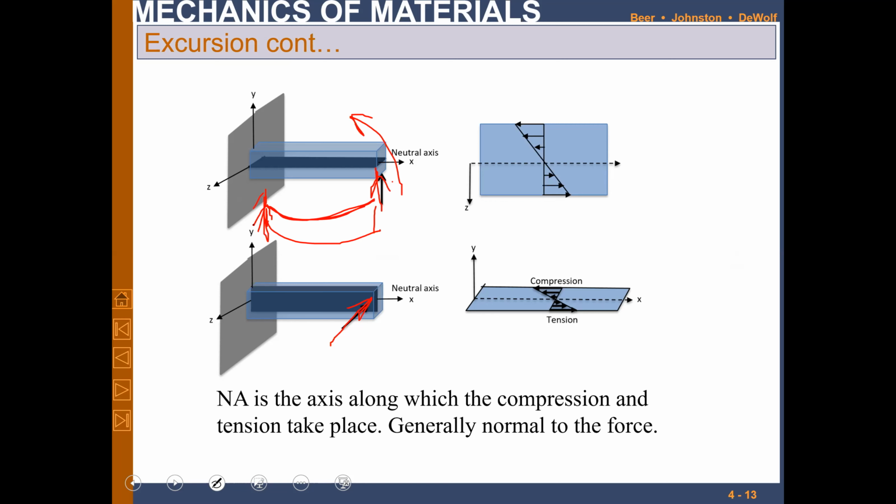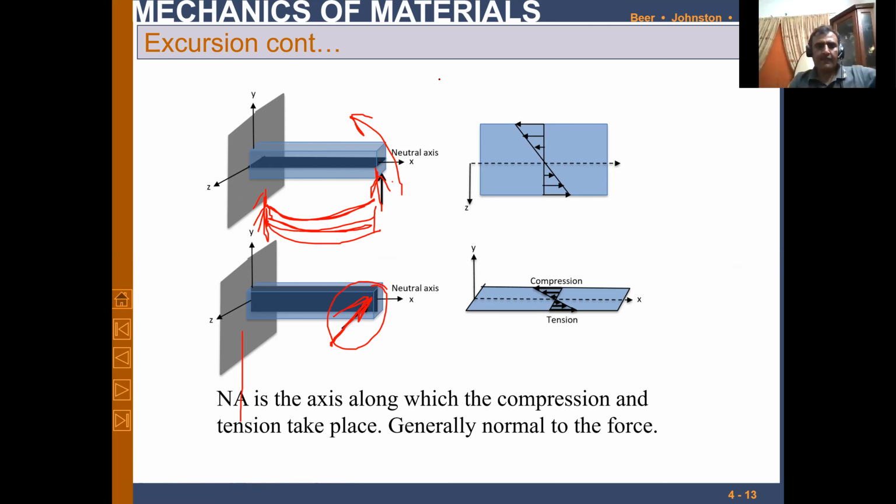So when it goes into this shape, along the x and z axes, you will get the compression and the tension along the x-z plane. Whereas in the other case, it will bend like this one, and in the second case, it will be bending like this one.